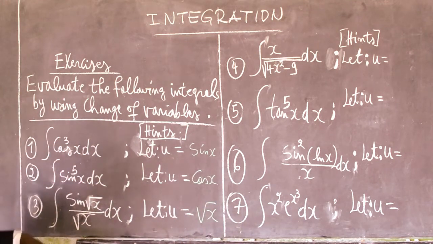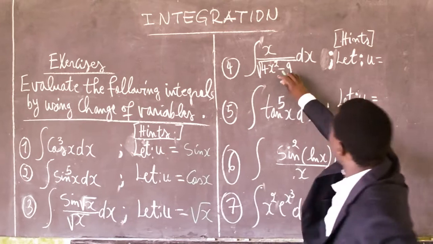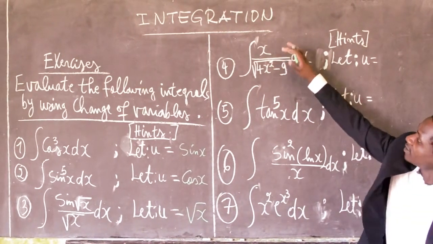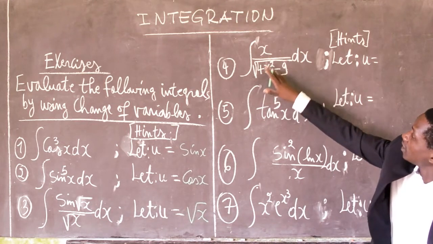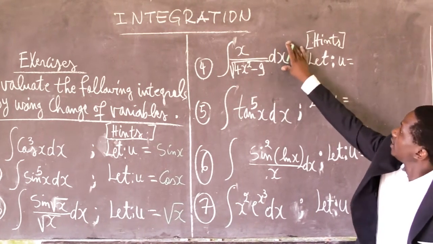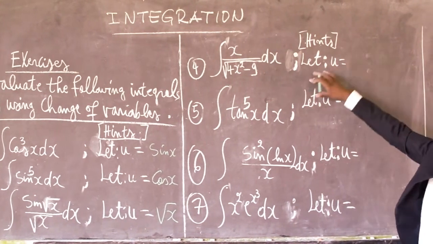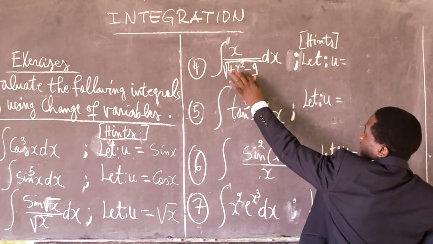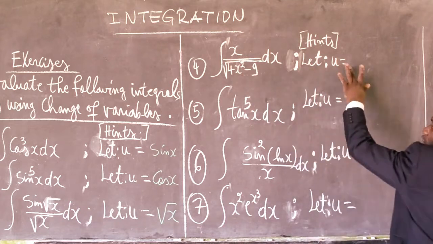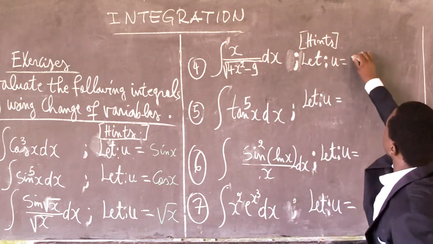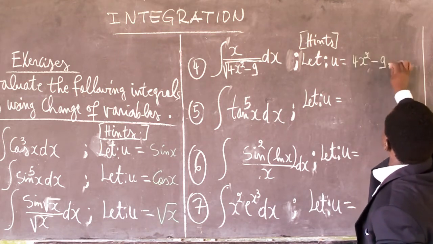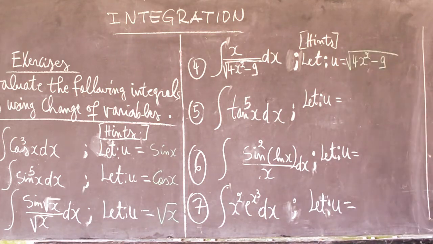Then we continue. For number 4, we have the integration of x over square root of (4x squared minus 9) dx. A hint for this number, we need to consider this denominator to be u. Let u equal square root of (4x squared minus 9). Okay?